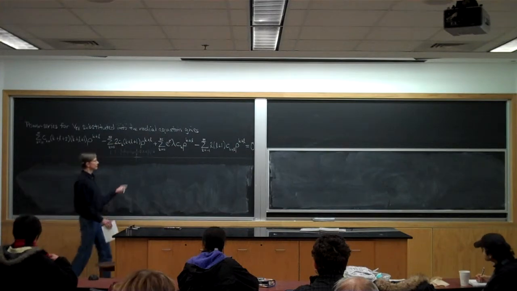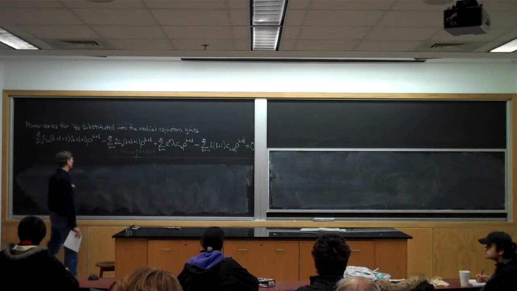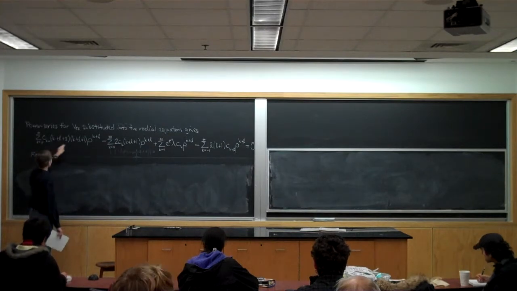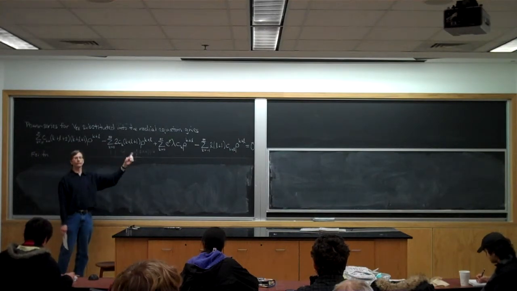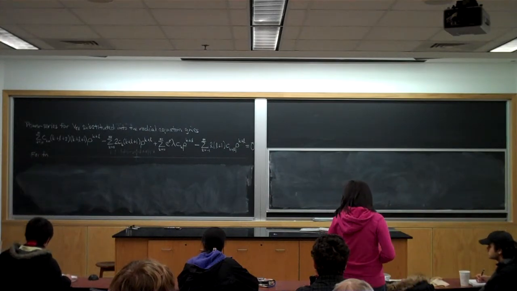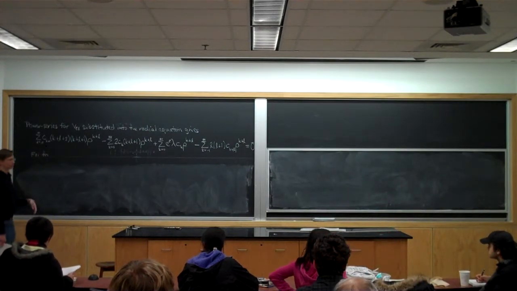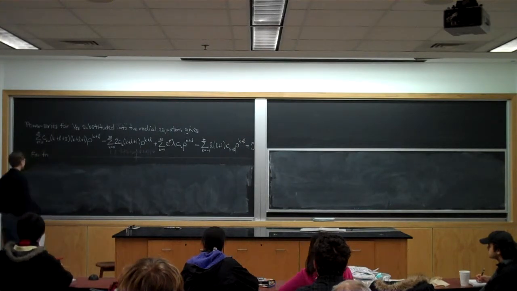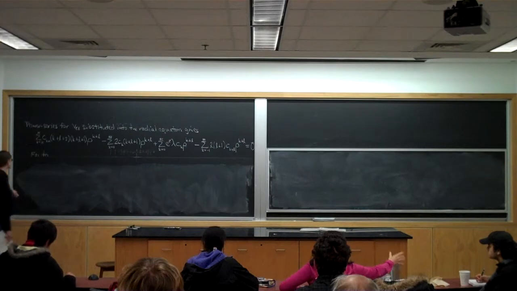And so this has to be 0 for all rho. And the only way that can happen is if the coefficient of every power of rho is equal to 0. Otherwise, that wouldn't happen. For a polynomial in x to vanish for all values of x, all the coefficients have to be 0.